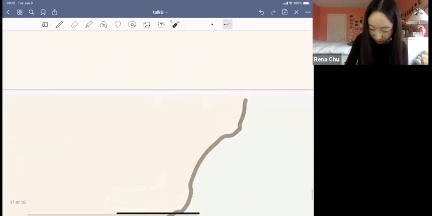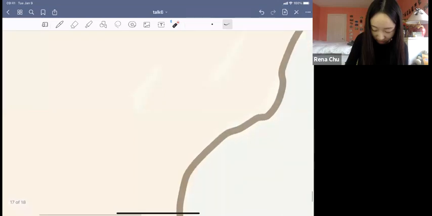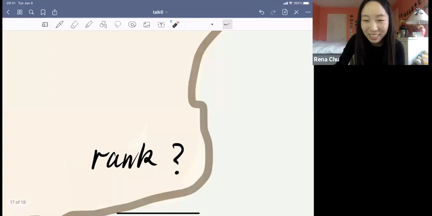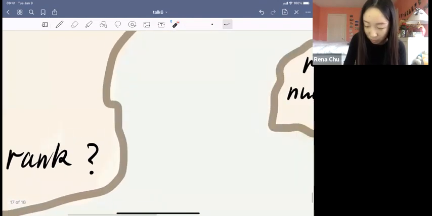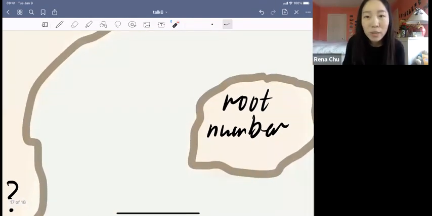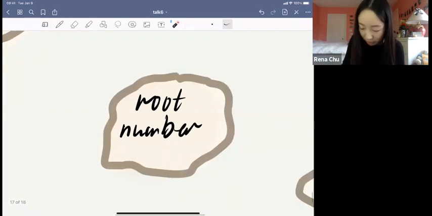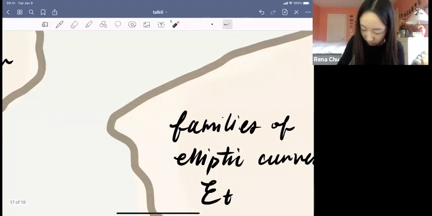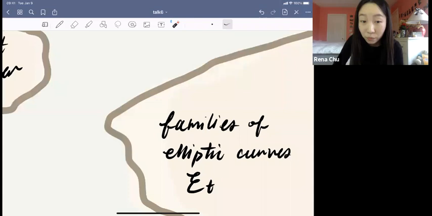So to give a concluding summary, I like to take us back to the very beginning when we first encountered rank and its obscurities and its mysteries. We defined the root number as a way of studying the rank. And then we looked at the behavior of root number in families of elliptic curves.